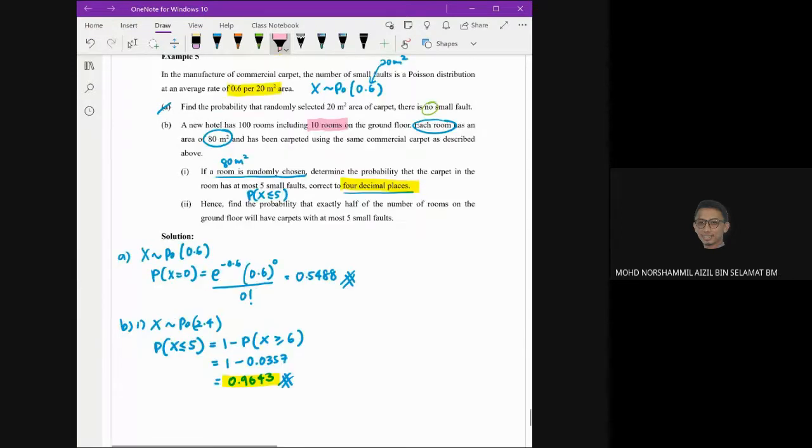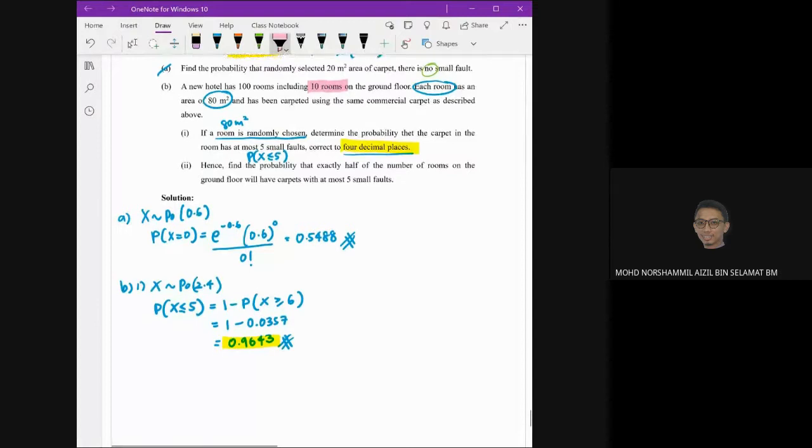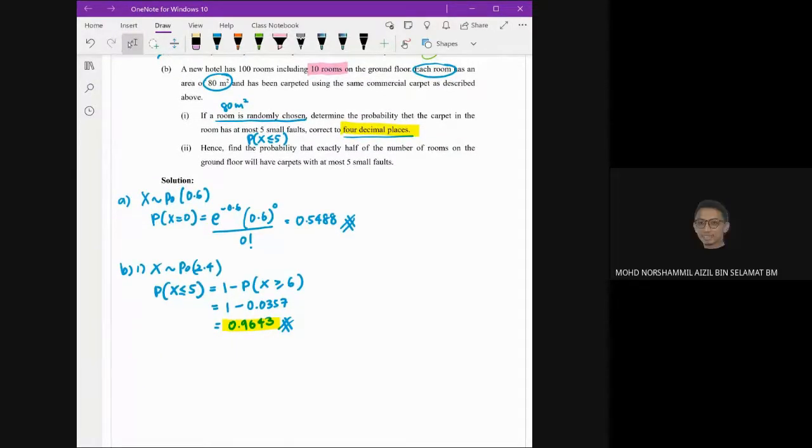Kejap. Bukan semua kedai kapet kan, sir? Kejap. Saya nak faham kejap. Tapi dia minta ground floor sir. Alamak, pandai. Betul. Ground floor. Nampak? Okay. Dia main ikut floor.